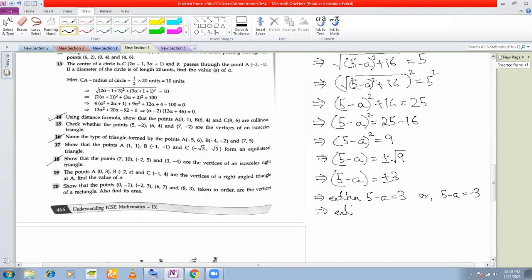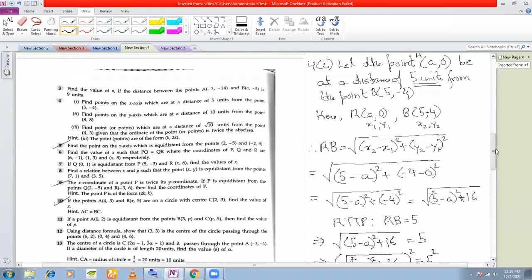That means you get either 5 minus 3 is equal to a or 5 plus 3 is equal to a. That means either you get a is equal to 2 or you get a is equal to 8. So you are getting two values of a here, right?